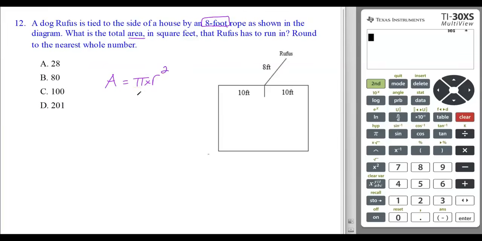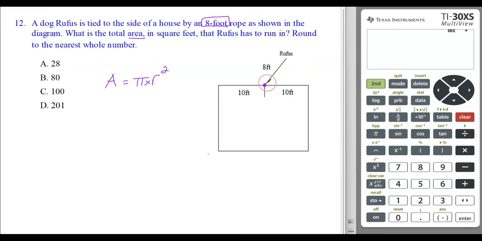But before I jump into this problem, let's go over a couple things here. The rope is attached. It appears to be right at the center of the house because here's the rope, it's 10 feet here, it's 10 feet here, and the rope is 8 feet. Now, it's kind of important to notice in this problem that the center of the rope to the edge of the house, that length is greater than the rope itself, which makes this problem much easier.